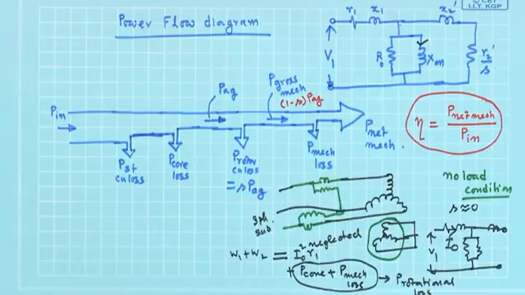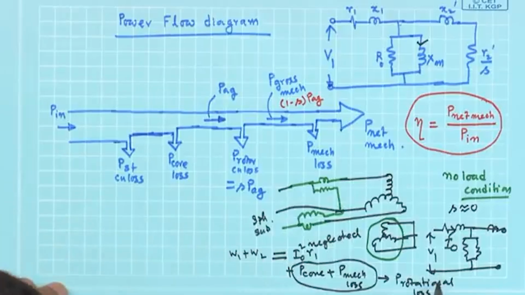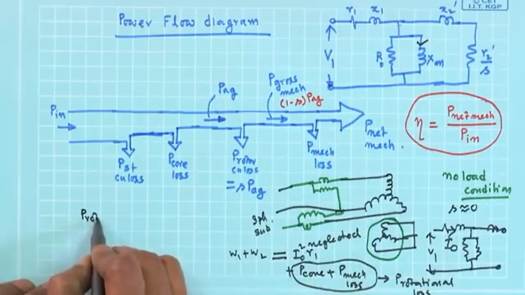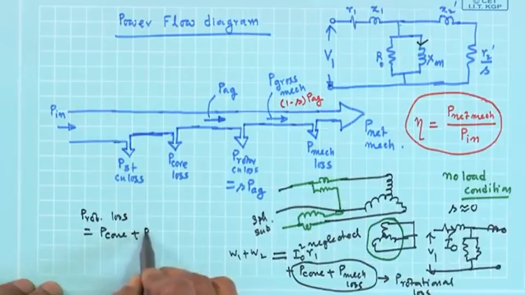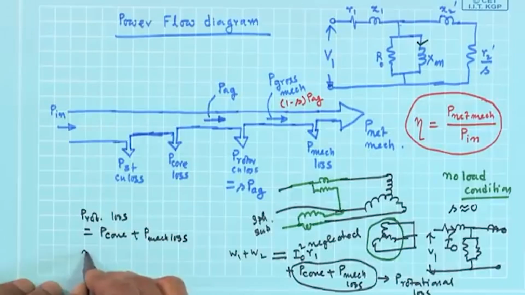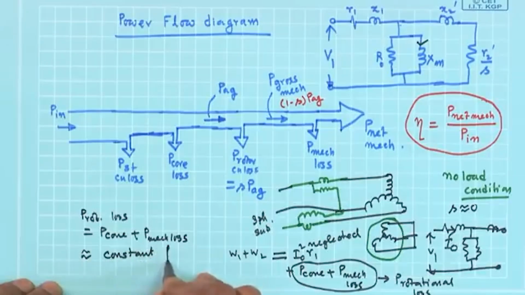Therefore, what is the conclusion? The conclusion is that this rotational loss, which is the sum of P core plus P mechanical loss, can be assumed to remain constant from no load to full load operation.